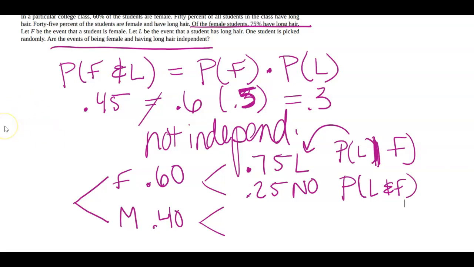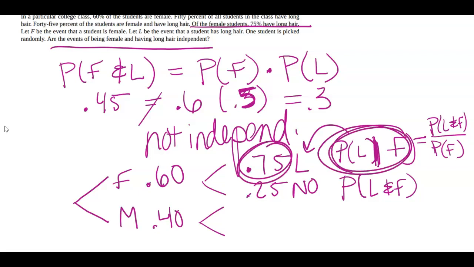And the reason is because remember this equation is this right here. And so if I multiply the probability of long hair given female by the probability of female, then I can find this right here.